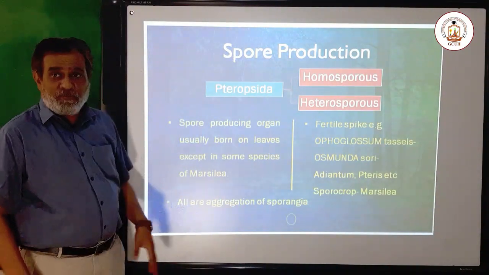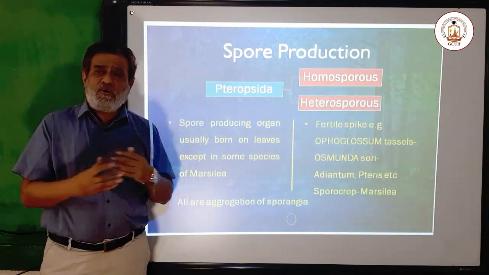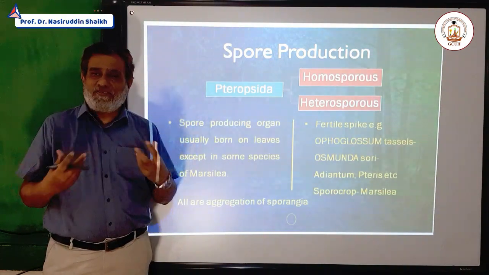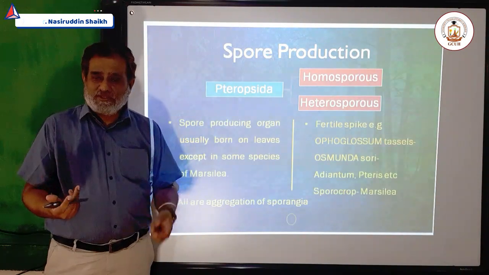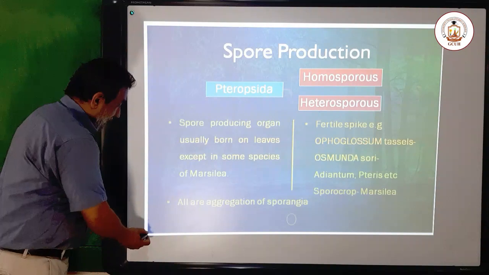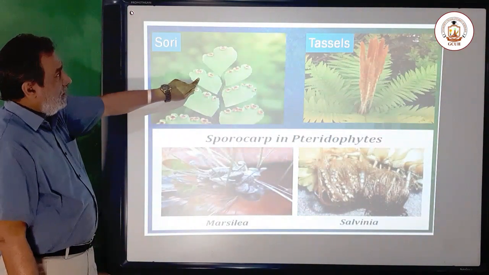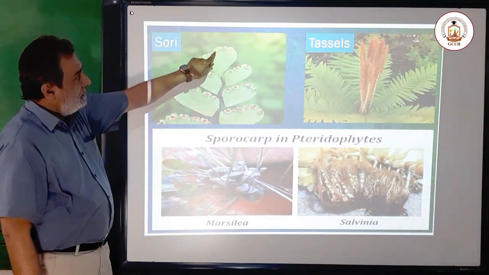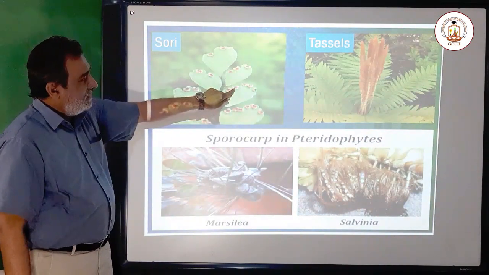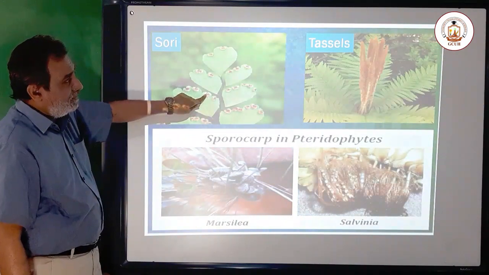All are basically aggregations of sporangia. We can give different names to them, but they are just like sori. You can see here the sori in Adiantum. These are the sori present on the foliage leaves, and inside them the sporangia are present.